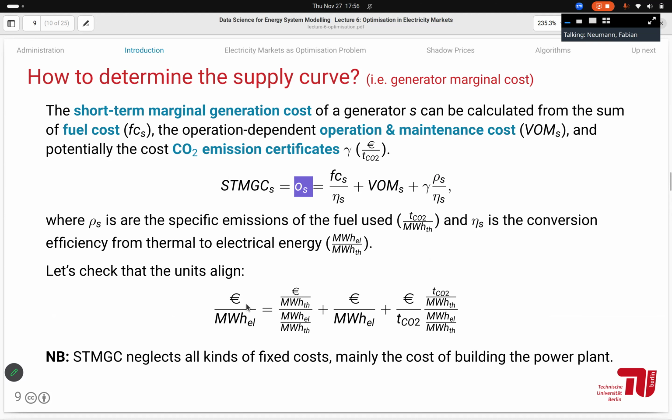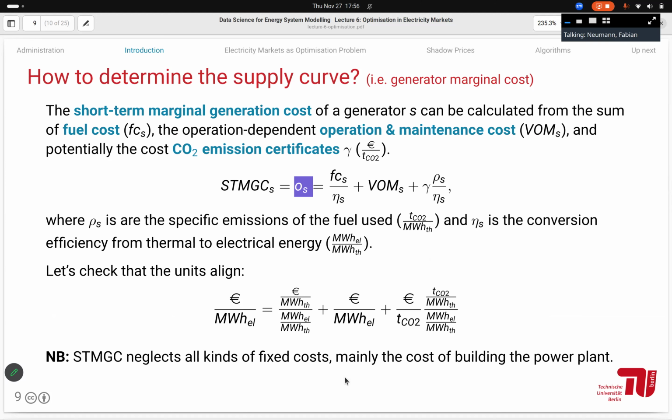If you want, you can check the units, that I prepared everything correctly, that everything in this formula ends up in a euro per megawatt hour electricity value. In this example, I didn't want to do all of that together with you, but we'll do the first case.